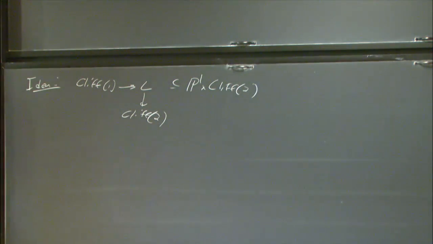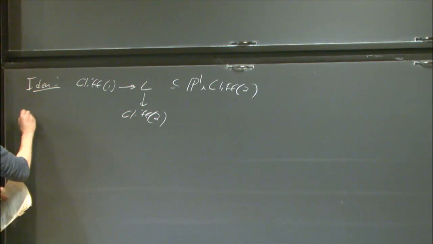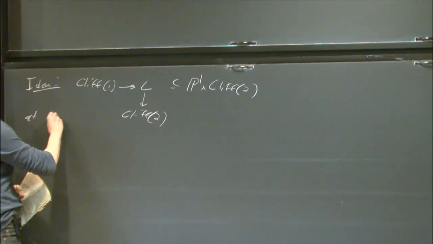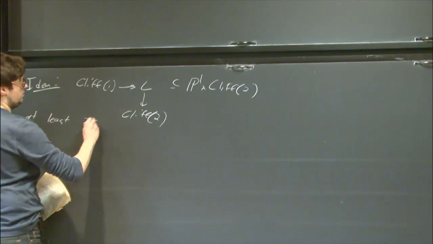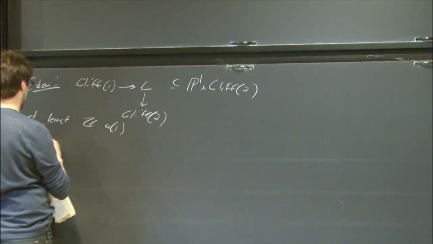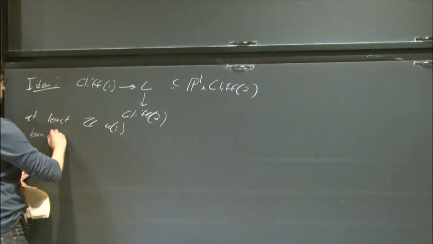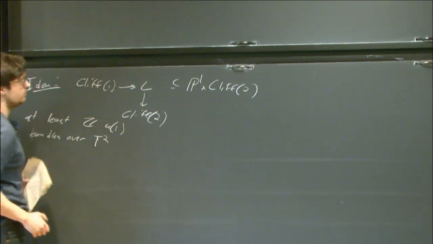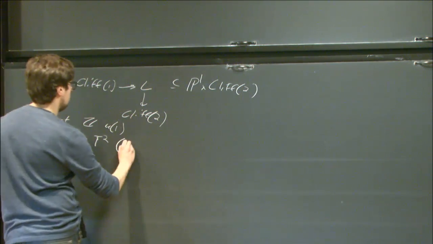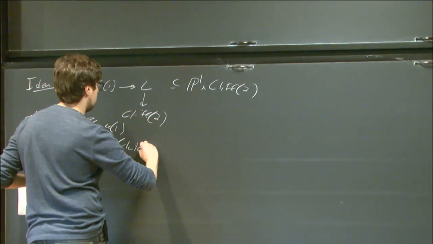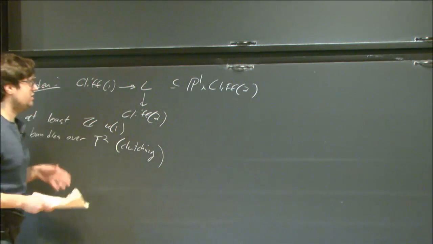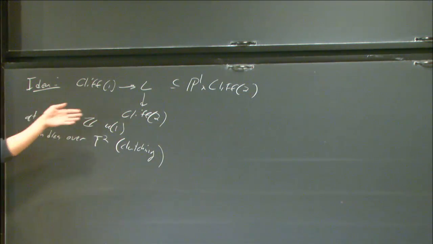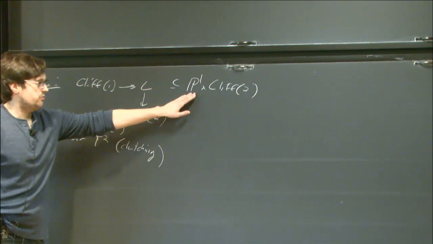Okay, and then I still haven't quite worked out how many there are of these. So there's at least Z. We'll say U1 bundles over T2 by some clutching construction. Okay, and then how many of these you can actually realize inside of this trivial product, I am not sure.